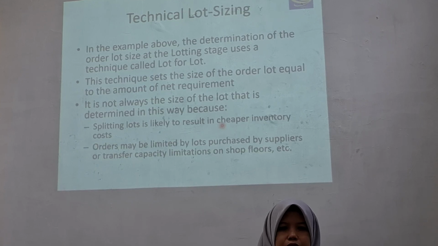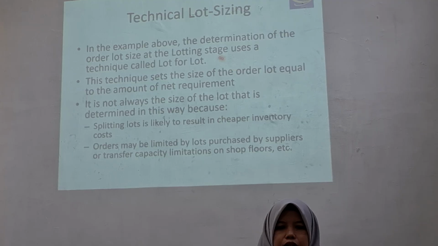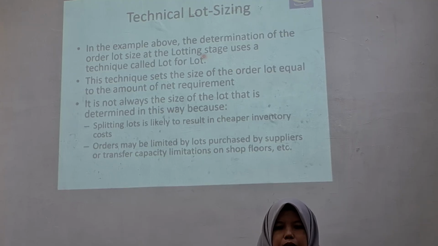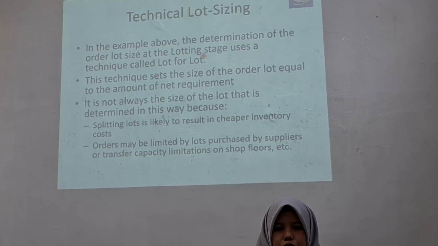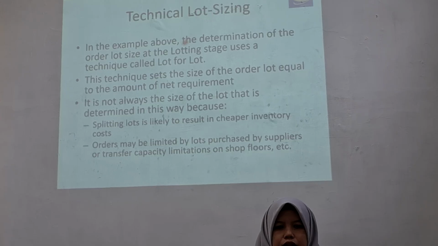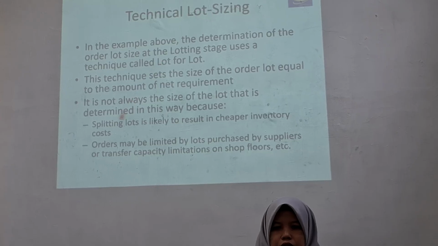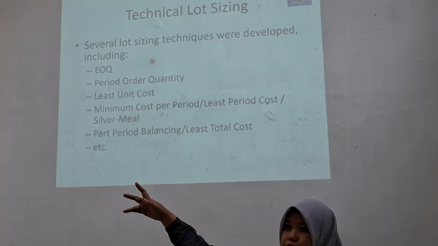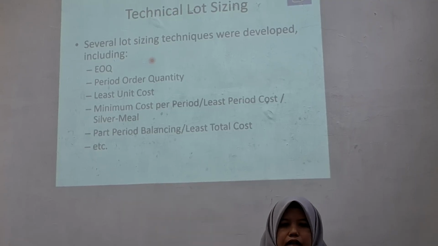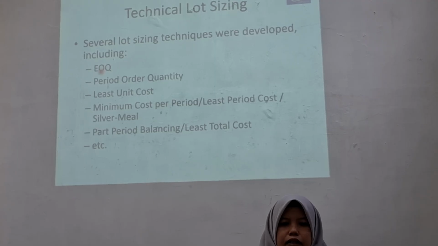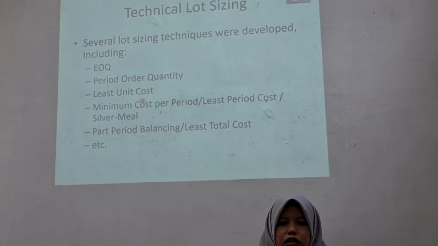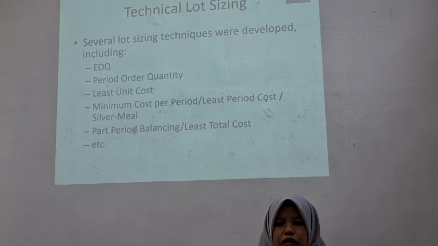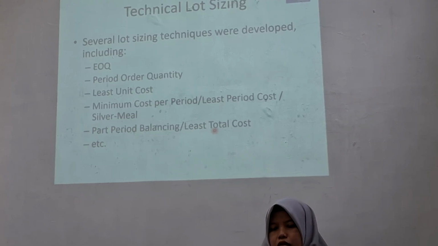So, this is technical lot sizing. There are many methods for lot sizing, several techniques, a basic part of MRP: AOK, BOK, reduce cost, minimum cost per period, and total cost.